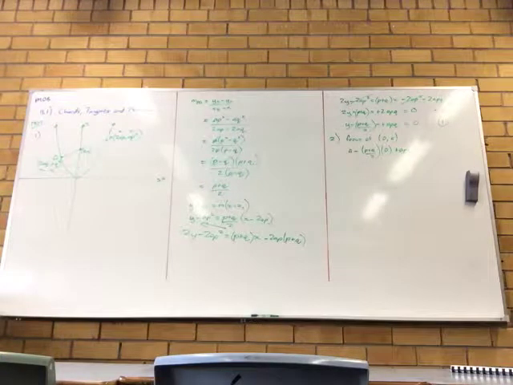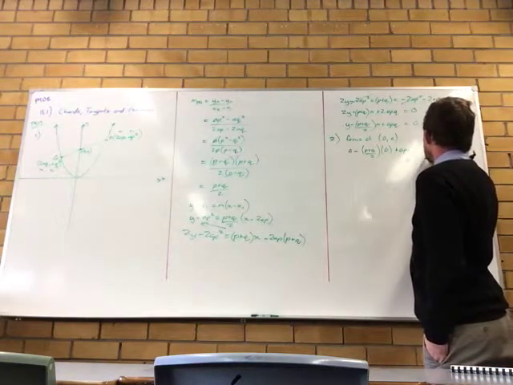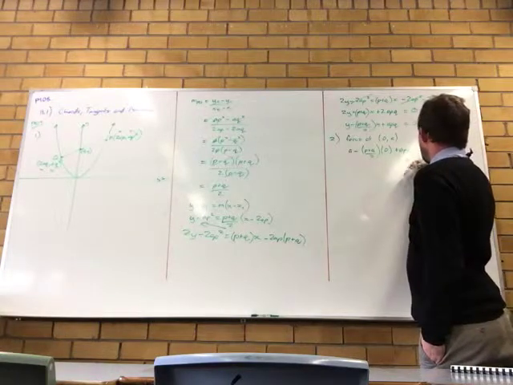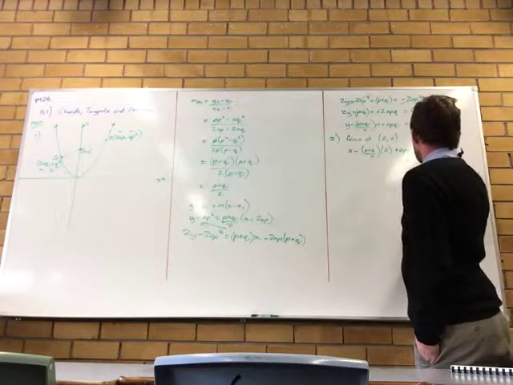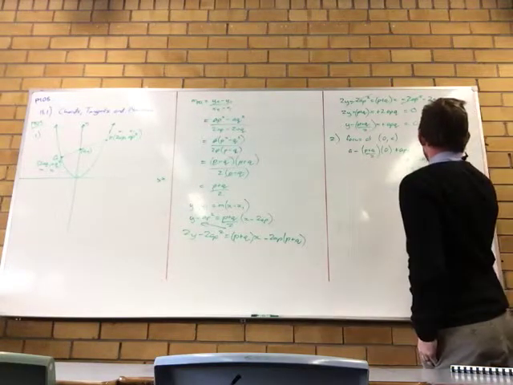Tidy it up. A equals negative APQ. So PQ is going to be negative 1. And this is an extremely important property.